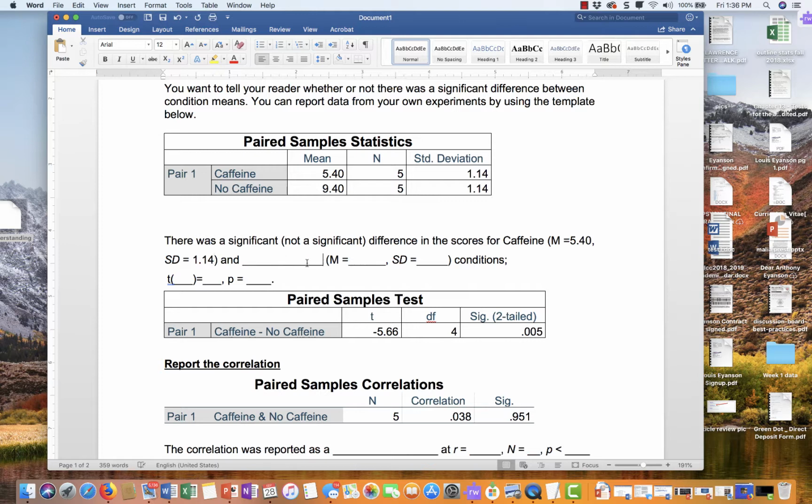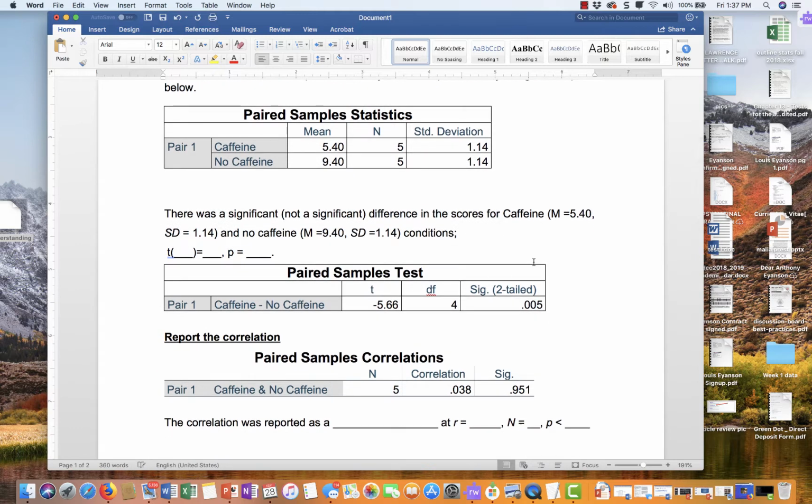Then I'm going to take out this line and type in the words no caffeine. Now we're going to look at the no caffeine numbers. Slide this over here, and I'm going to make this 9.40. And over here, I'm going to make this 1.14.